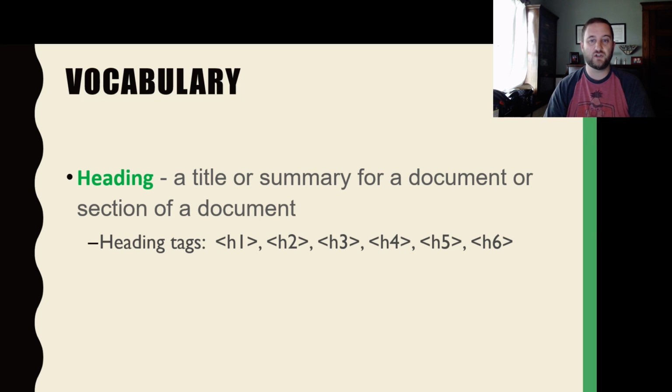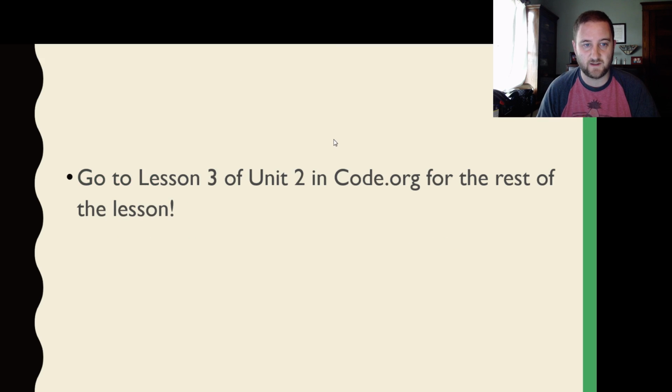You can choose which size font you want for whatever type of heading you want. You might use H1 for your main heading, and then for a subheading you use H2. It's just a little bit smaller. The website will show you how to use each of these once we dig into the lesson.